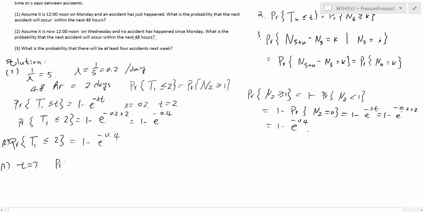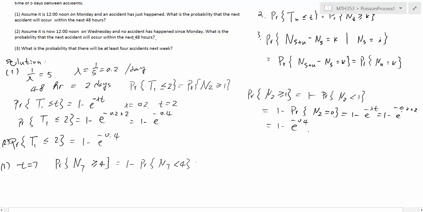So we look at the probability that by the end of time 7, N7 is bigger than or equal to 4, because we have at least 4 accidents. Using the same strategy, this is equal to 1 minus the probability of N7 less than 4.